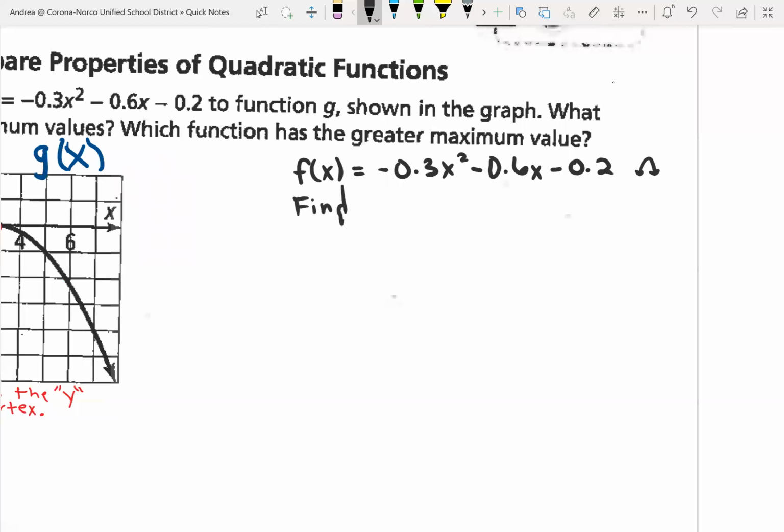The first step in finding the vertex is to find the axis of symmetry. And that's x equals negative b over 2a.